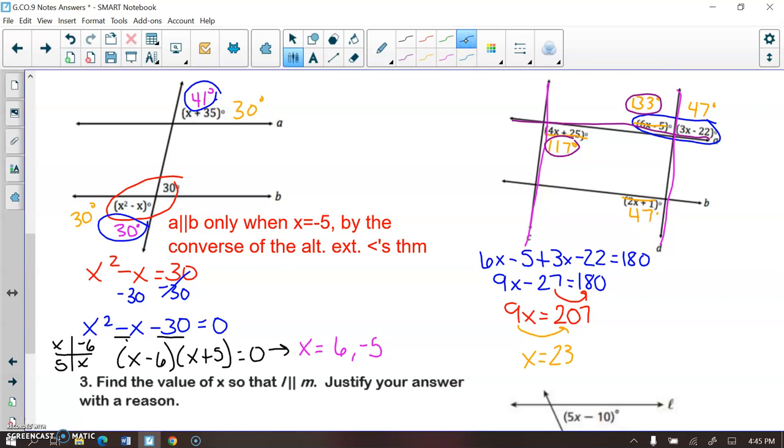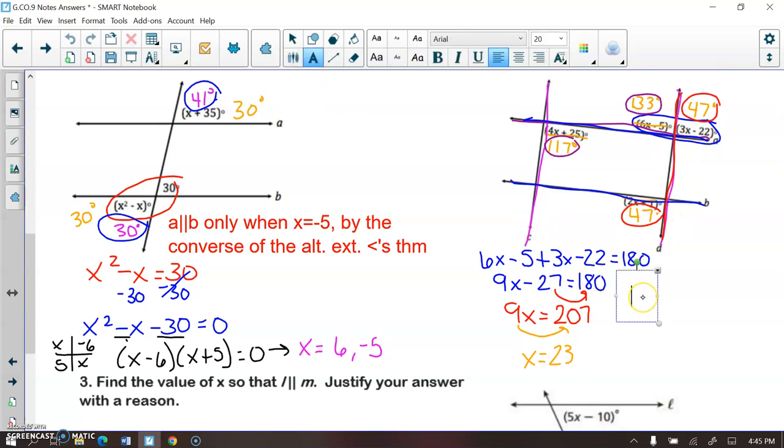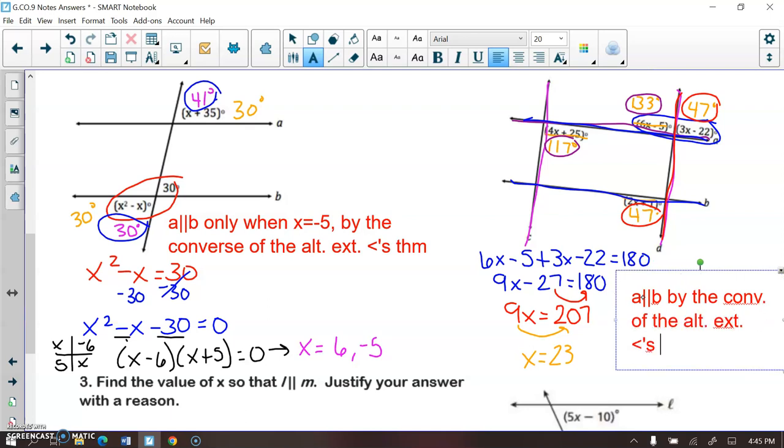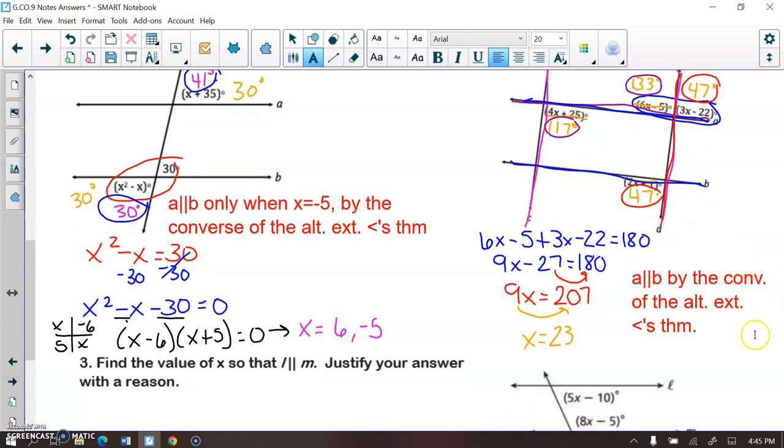If I look at lines A and B cut by this transversal, these 47 degree angles are alternate exterior angles, and since they are congruent, that proves that lines A and B are parallel by the converse of the alternate exterior angles theorem. Those are the only sets of lines that I can say are parallel to each other for this one.